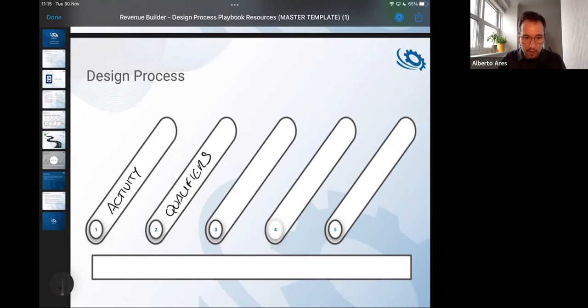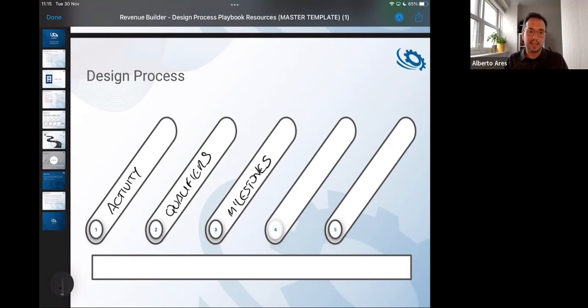Now, we also have milestones. These milestones are basically checkpoints in the sales process where we ask ourselves whether we have successfully achieved a certain outcome.